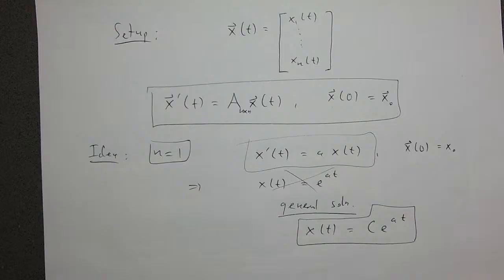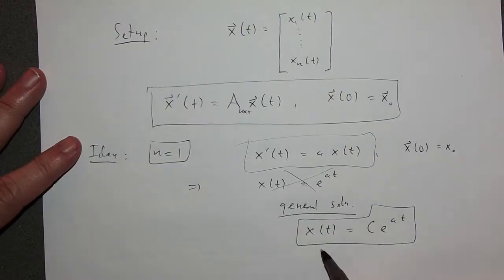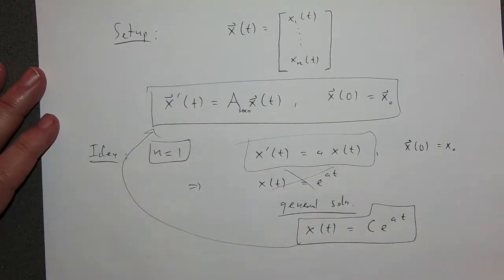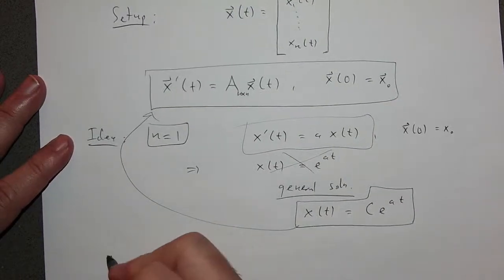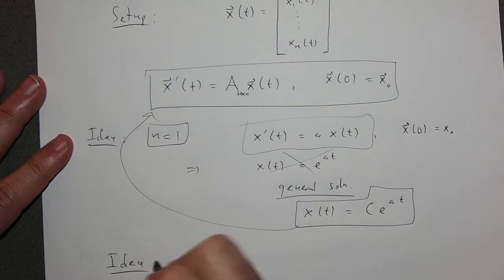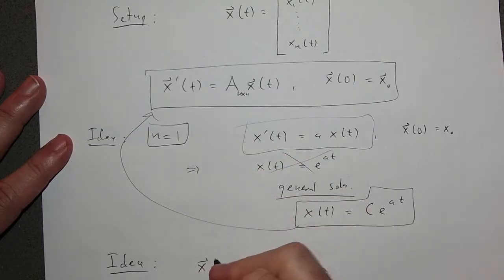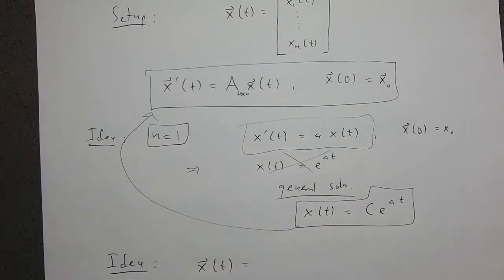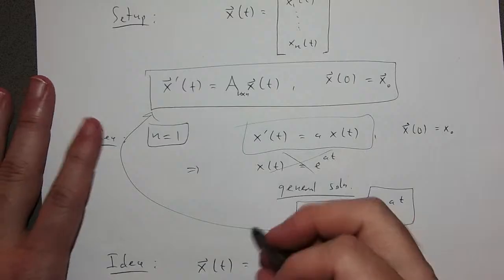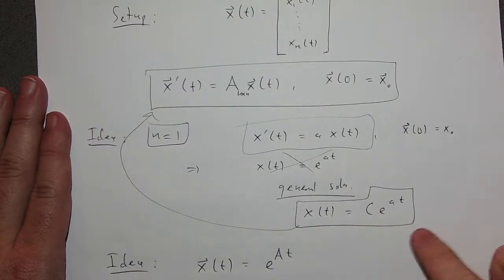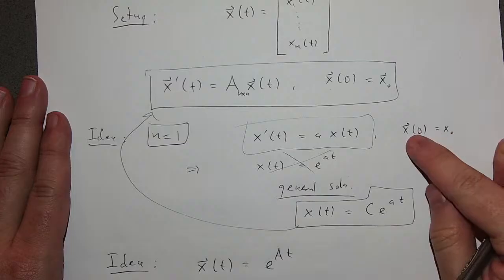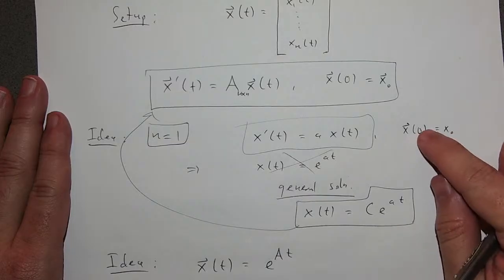Okay, so let's use this, going back to this differential equation. The idea is that the solution is this thing. When I impose this initial condition, I plug in 0.